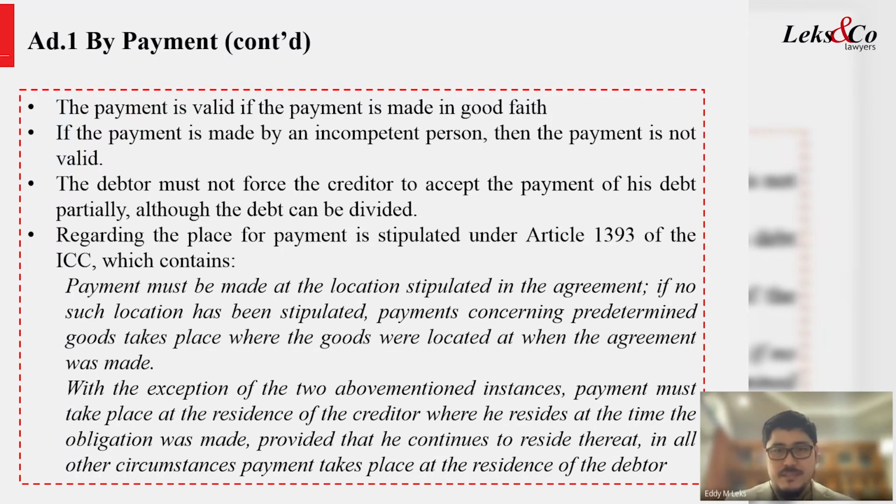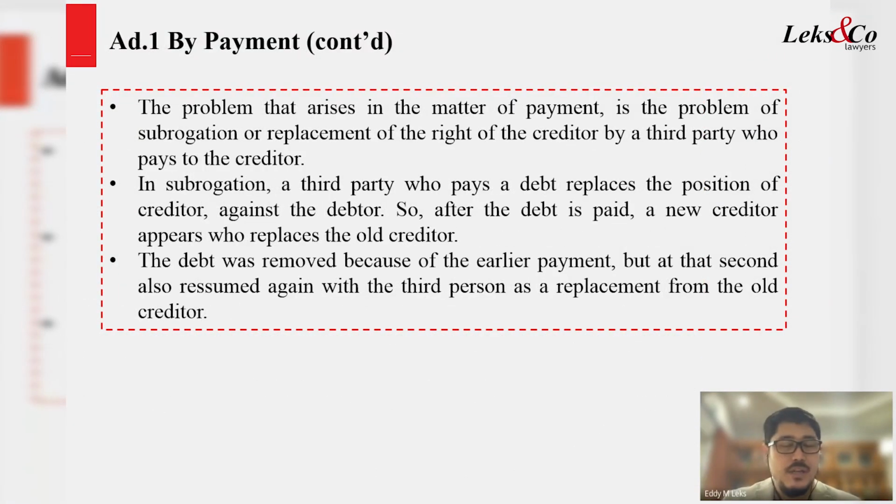So that is the agreement. Well, we can see here that this is very outdated, yeah, but at least this can still be a principle when we want to understand where we should pay the money, right?